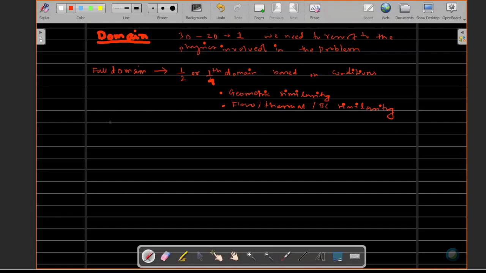Now, to mention that, we had taken one example. What was that? A square plate. Okay. So I considered one square plate. The square plate looks like this.